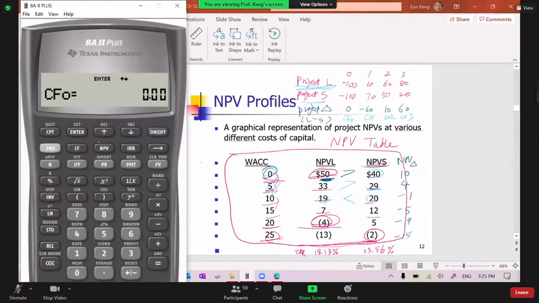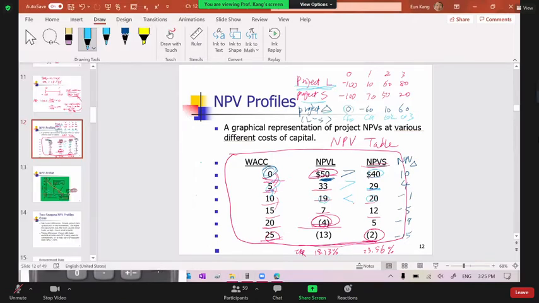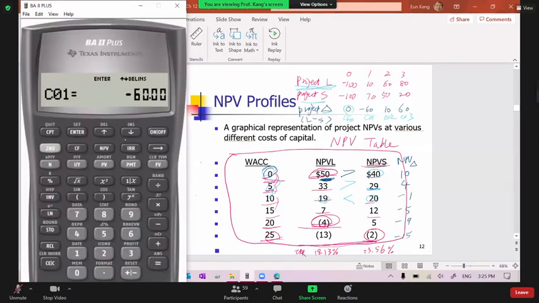So cash flow 0 is 0, right? Because delta project, 0. And C1 is minus 60, C2 is 10, C3 is 60, right? And go to IRR, hit IRR, and compute 8.68, right? That is how to calculate the IRR of project delta.